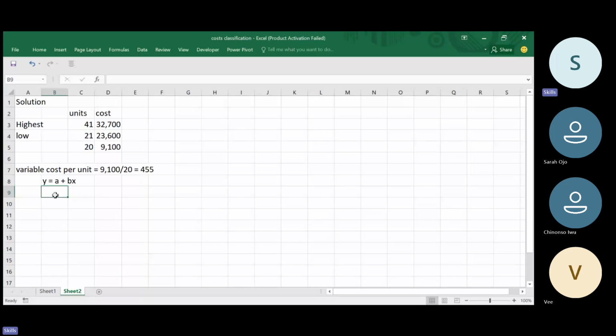We say y is the total cost, a is the fixed cost, b is the variable cost, and x is the unit produced.